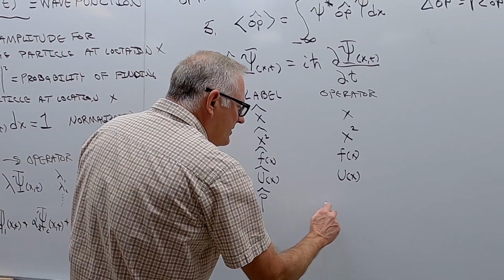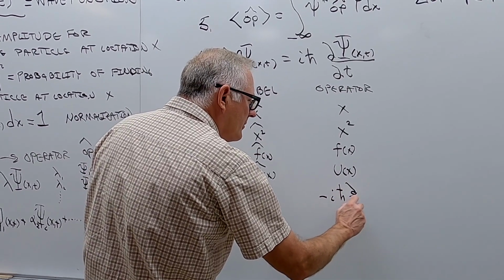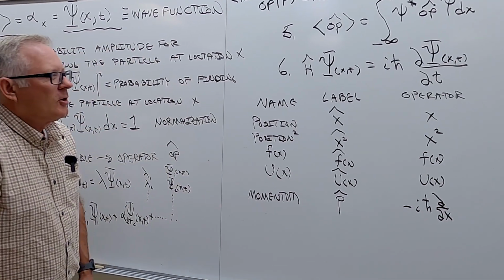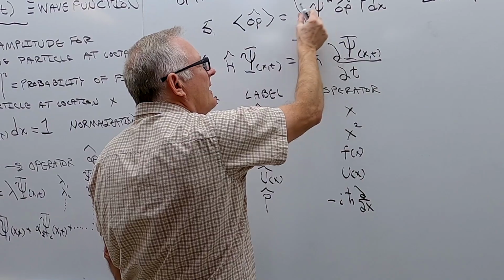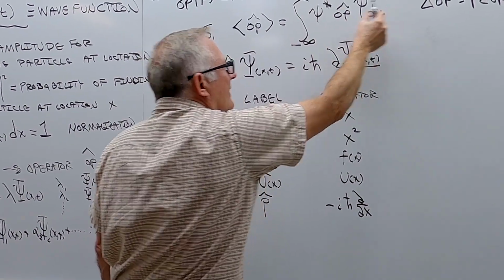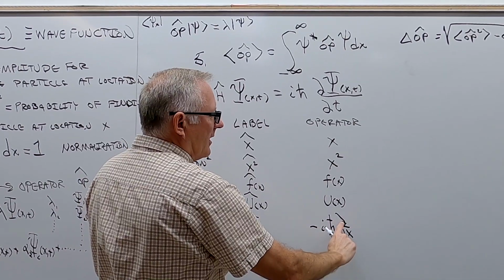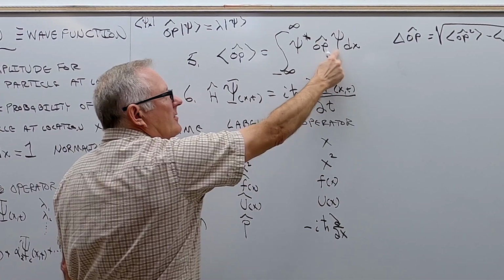This one is just minus i h bar partial with respect to x. So if I wanted to find the average momentum, that's why you can't put it here or there, it's got to be right in the middle. You just throw in a minus i h bar partial with respect to x. So the only thing you're taking the derivative of is that second one.